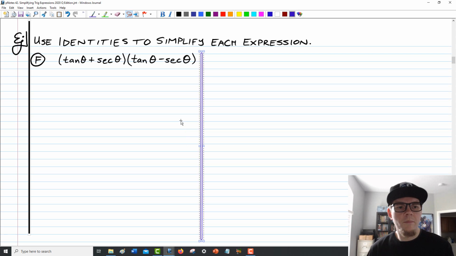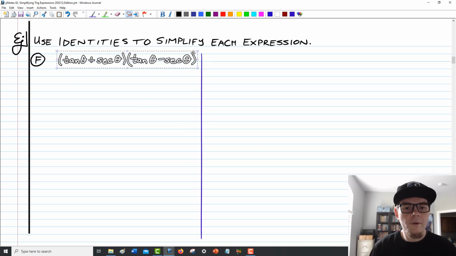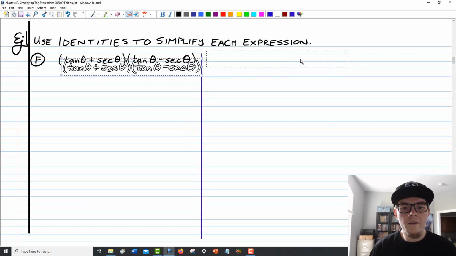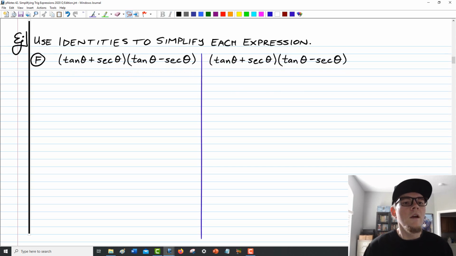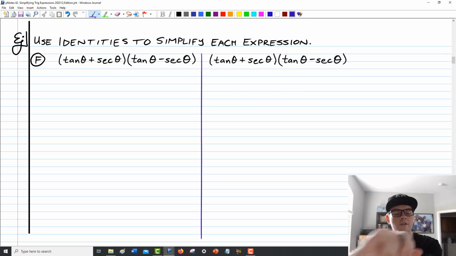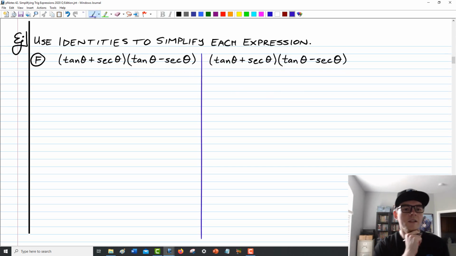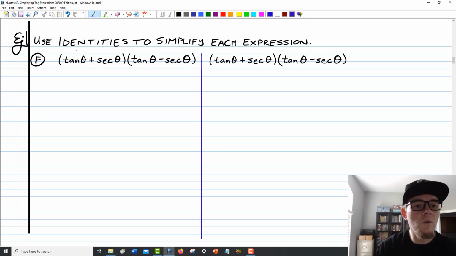So I'm going to speculatively place that line there and rewrite the expression on the right side. I'm not sure if that'll be enough space, but hey, we'll find out. Let's look at this expression for a second. We have tangent plus secant times tangent minus secant. Since on the last problem a place that we began was with a difference of squares, I think it's probably a good idea to think of this as a difference of squares.